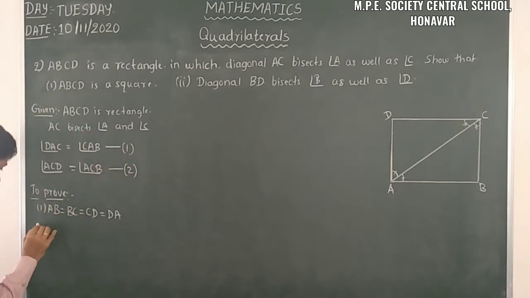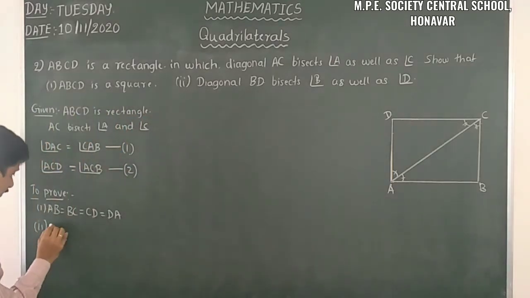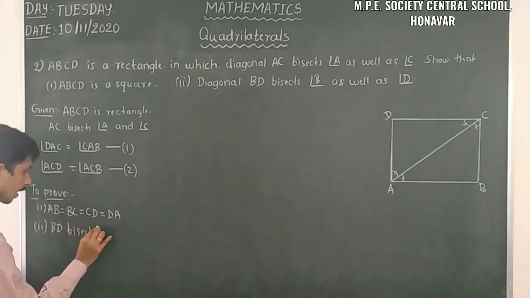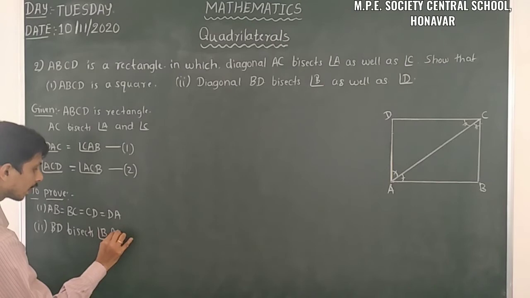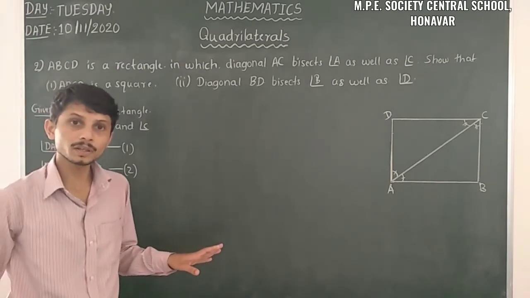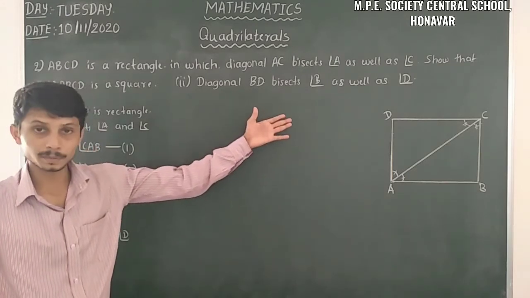Secondly, we have to prove diagonal BD bisects angle B as well as angle D.